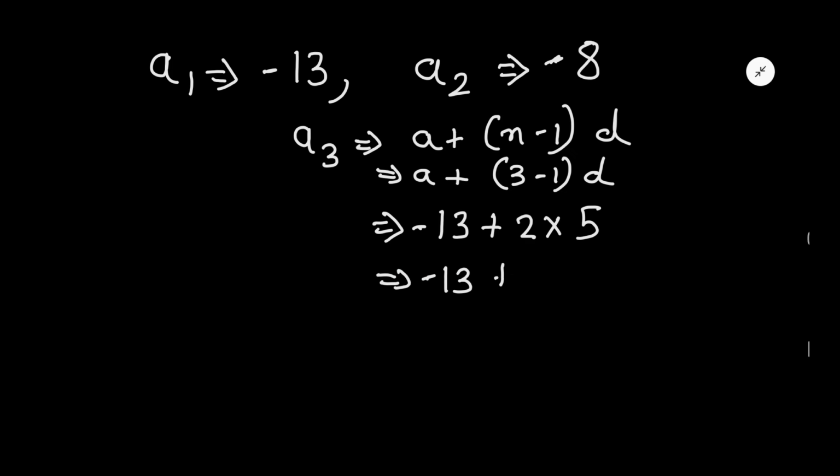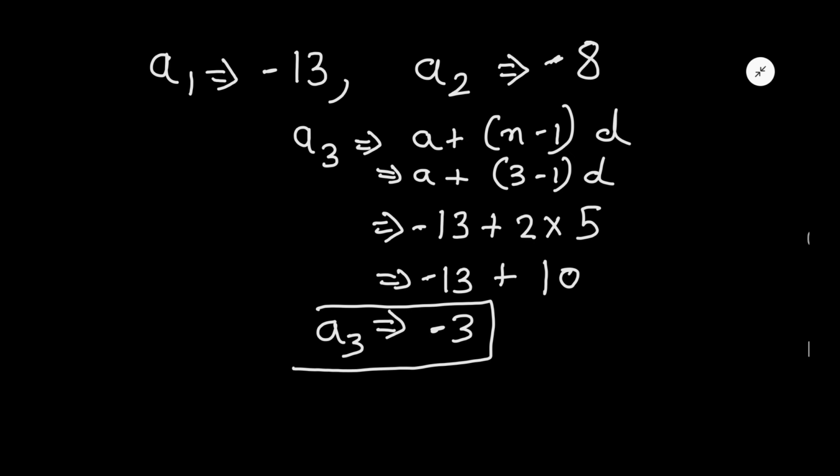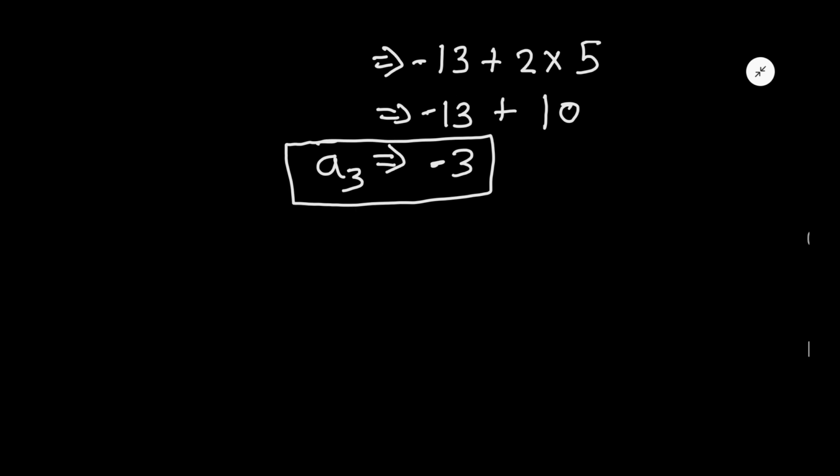Minus 13 plus 10, so our third term is equal to minus 3. So we can write our arithmetic progression as minus 13, minus 8, minus 3.